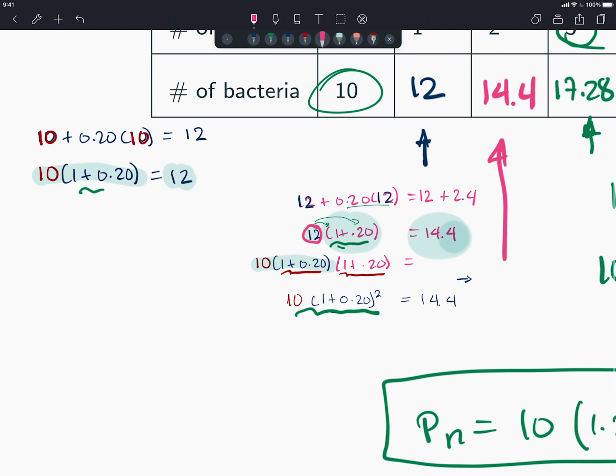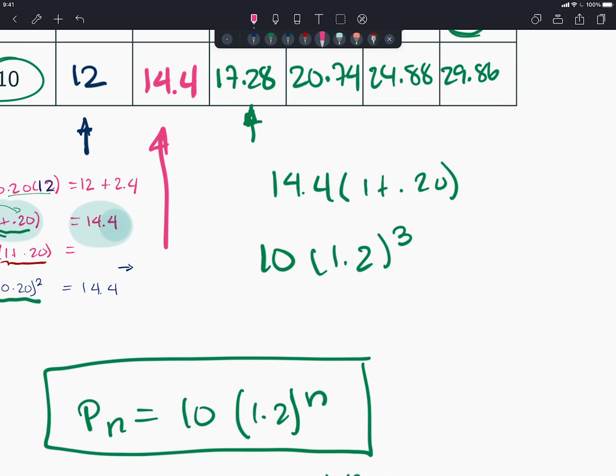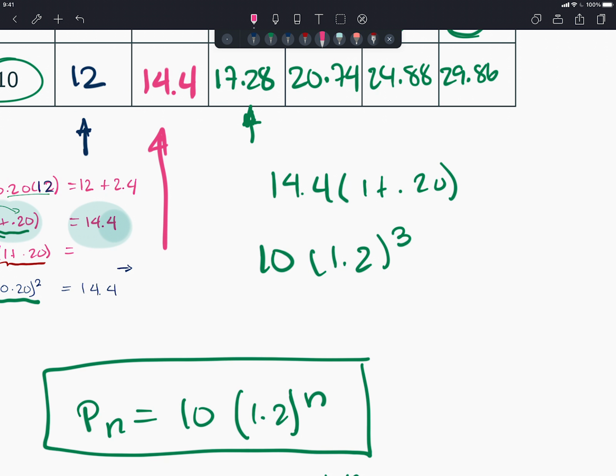Or over here, the second step, the 12, was 1.2 times the first step. And for the last one, I could write here the next step, the 17.28, is 1.2 times the previous step, the 14.4.